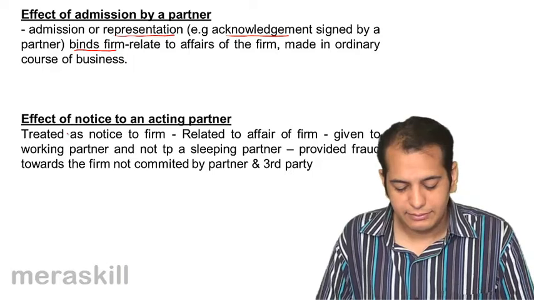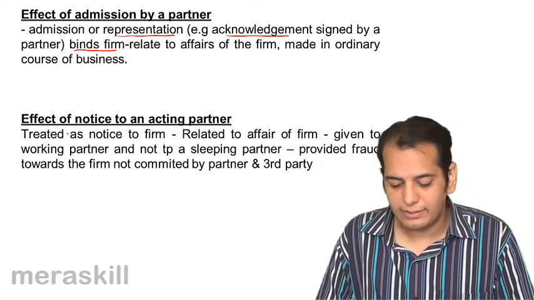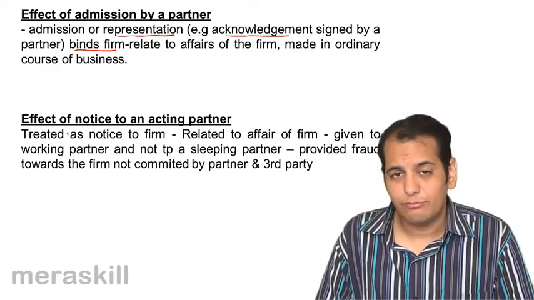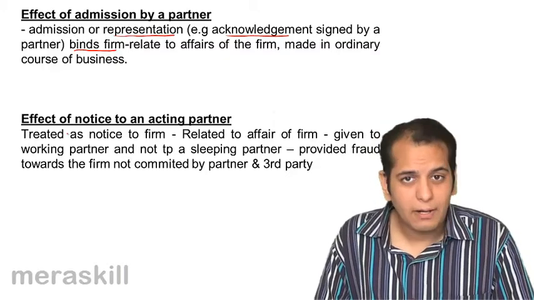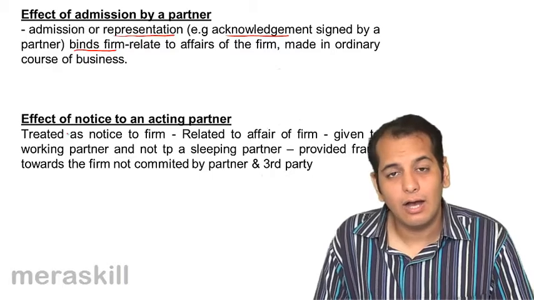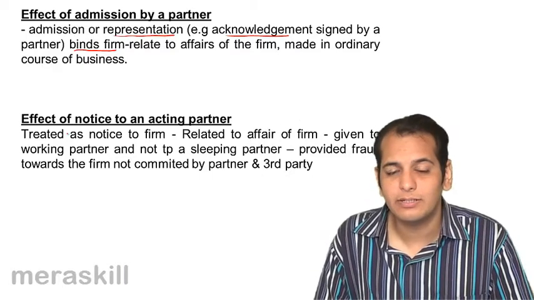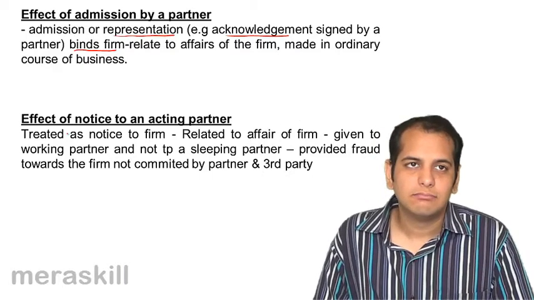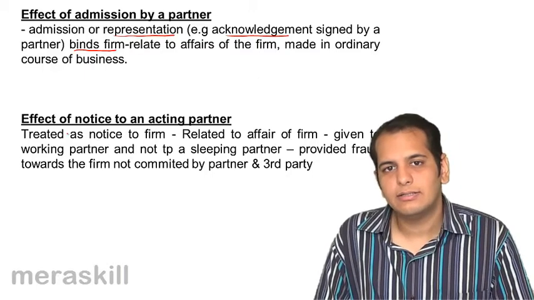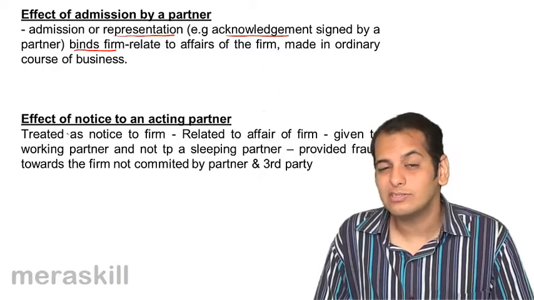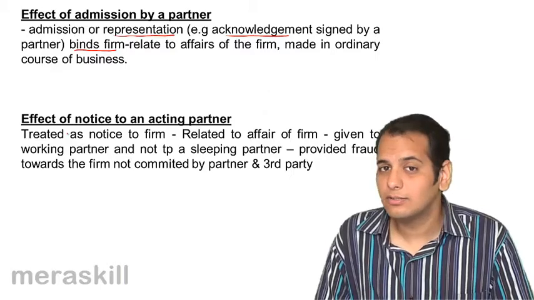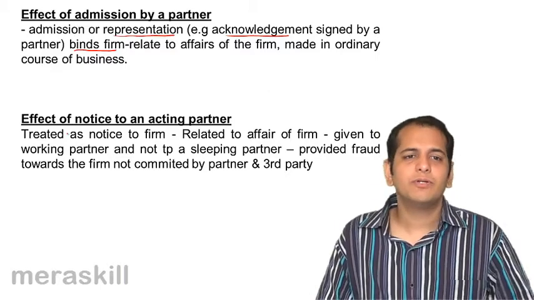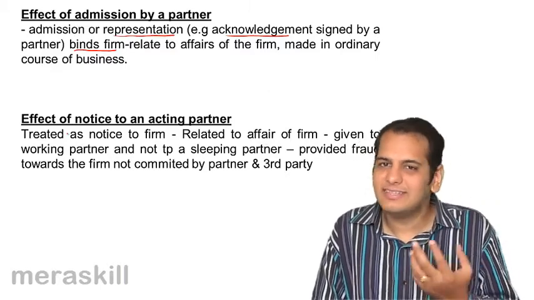Next, effect of notice to an acting partner. Whenever any notice is given by a third party to a partner, it is presumed that the notice is given to the whole of the firm, because the partner is the agent of the firm.